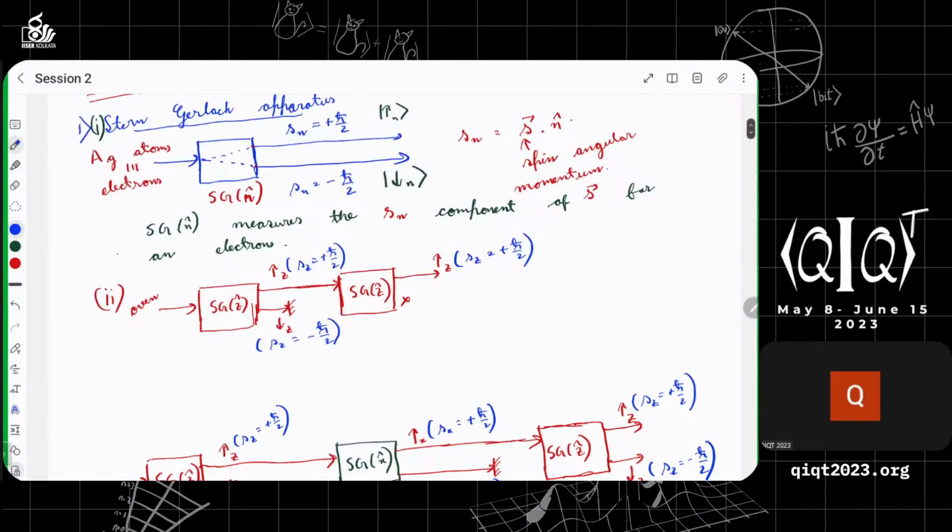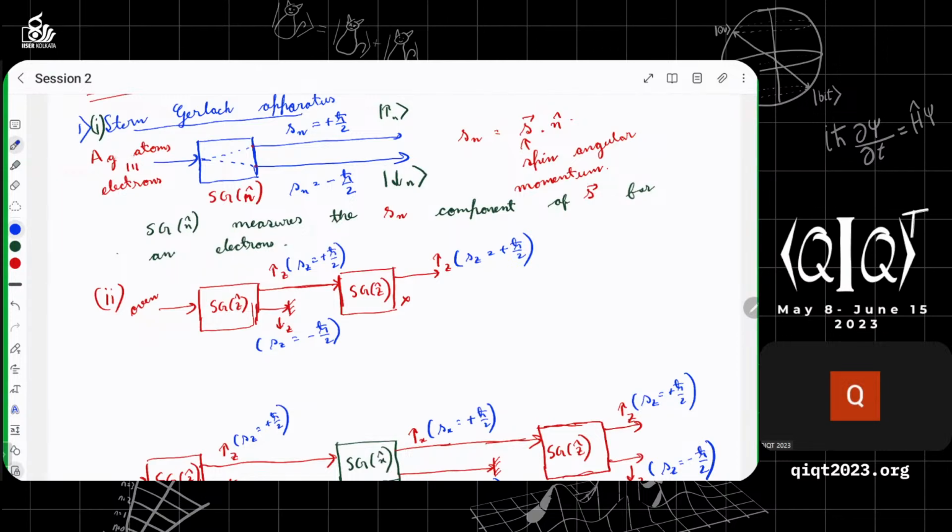What we concluded from this experiment is that since we got only two spots on the screen, the spin angular momentum is a quantized quantity, and that a Stern-Gerlach apparatus oriented along some direction in real space measures the corresponding component of the spin angular momentum of the electrons.